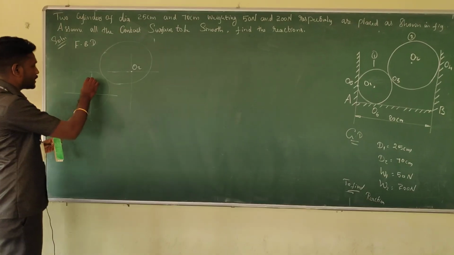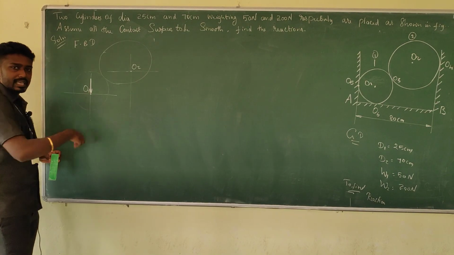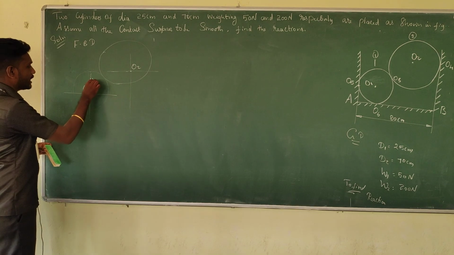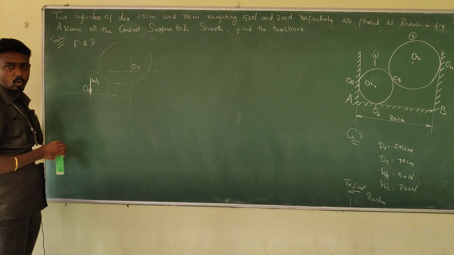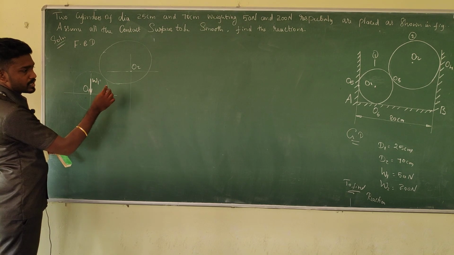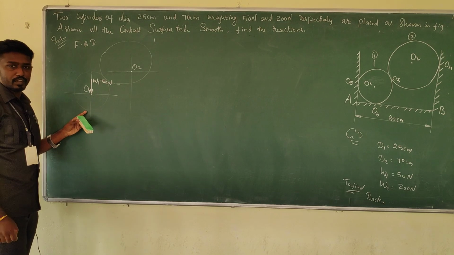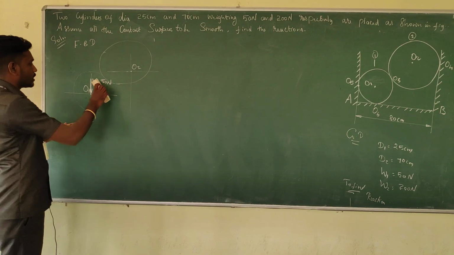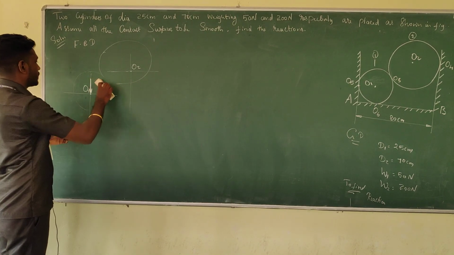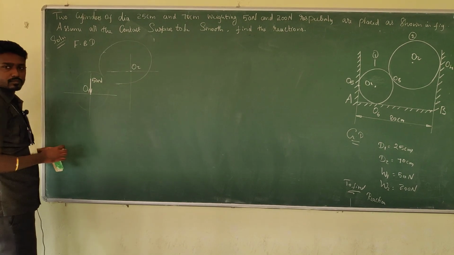For the first one, from the center of the body the weight is directed downwards. So here I note W1, whose magnitude is given in the question as 50 Newton, so we can directly write 50 Newton. No need to be confused here.